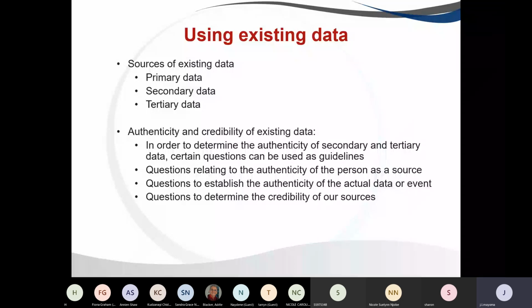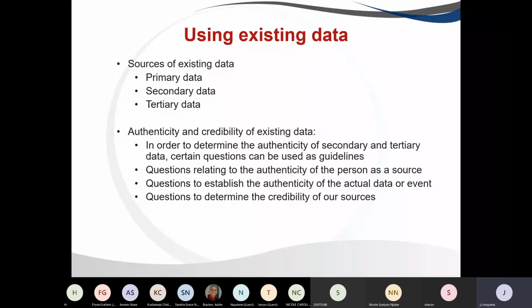Just to note, and I mentioned this last week, just because it's from the original source, it doesn't mean we've collected it. It's still existing data because someone else collected the data, essentially. But it's still original because we still hear the original version of it from the source's mouth. Right, so that's what primary data is.